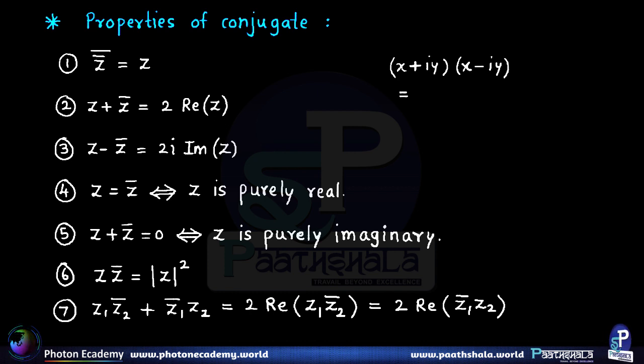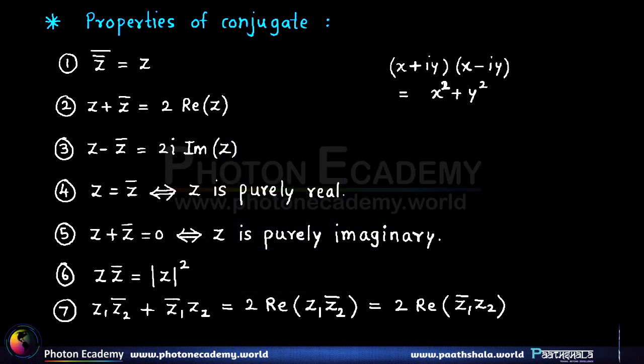So this equals x square plus y square, because minus i square will be equal to plus 1, and x square plus y square is nothing but the square of the modulus of that complex number. So therefore we have this particular property.